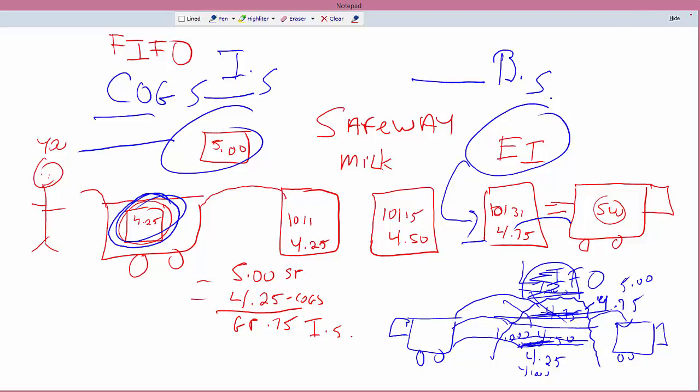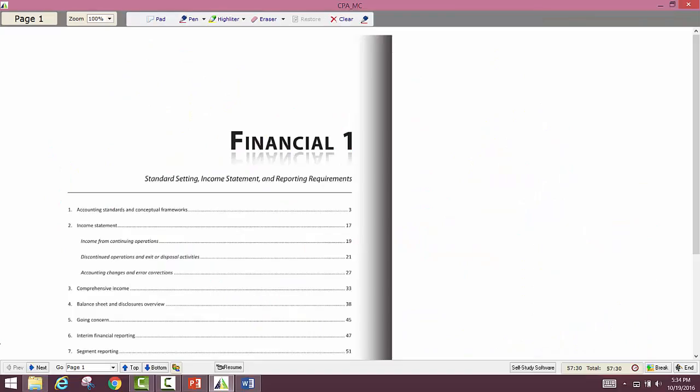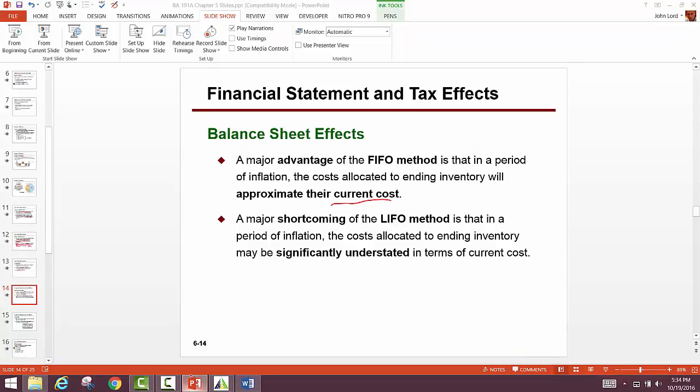So you take a look back at that slide, and an advantage of FIFO is that the balance sheet looks good. Our ending inventory on our balance sheet is pretty much being reported at what we have currently paid for that, right? On the balance sheet, BS, balance sheet.